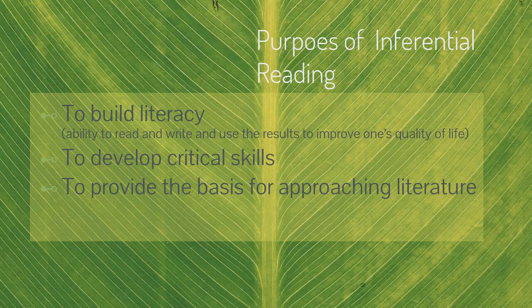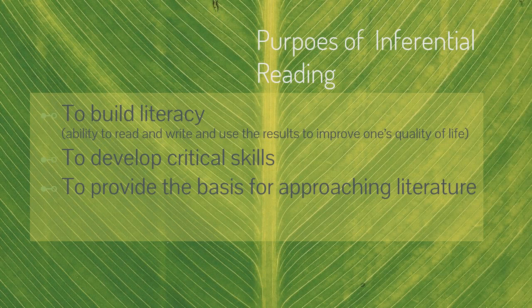And the last one is to provide the basis for approaching literature. It is very useful for you as you are literature students. Because of these three elements, I divided this class into 3 units. The first unit is on the taxonomy of inferential reading.